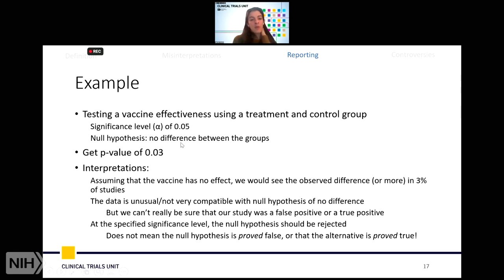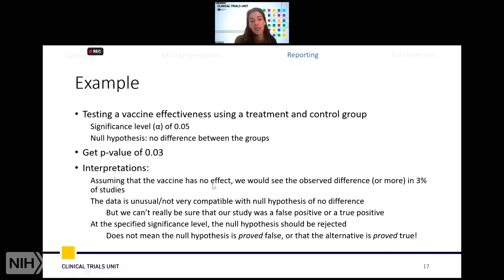And again, our null hypothesis is that there's no difference between the groups. And so we run our test, whatever test that we have specified. It doesn't really matter here for this discussion. And we obtain a p-value of 0.03. So along with reporting all of the continuous data, the means, or whatever you want to report from that analysis, these are some interpretations that we can have given this p-value.